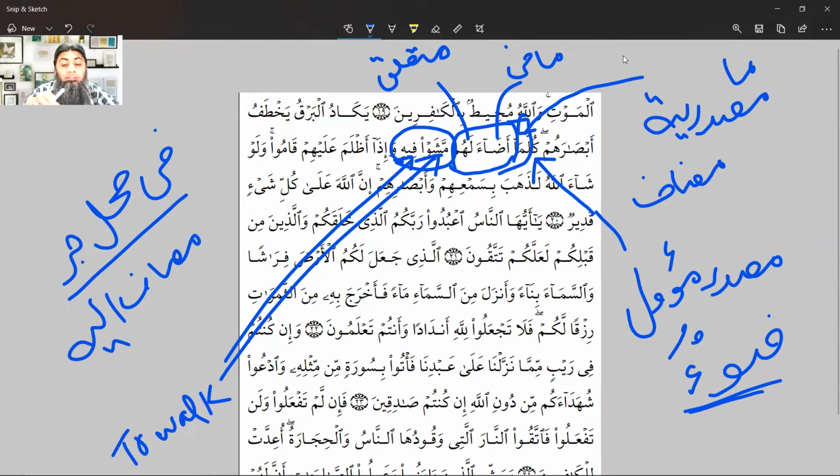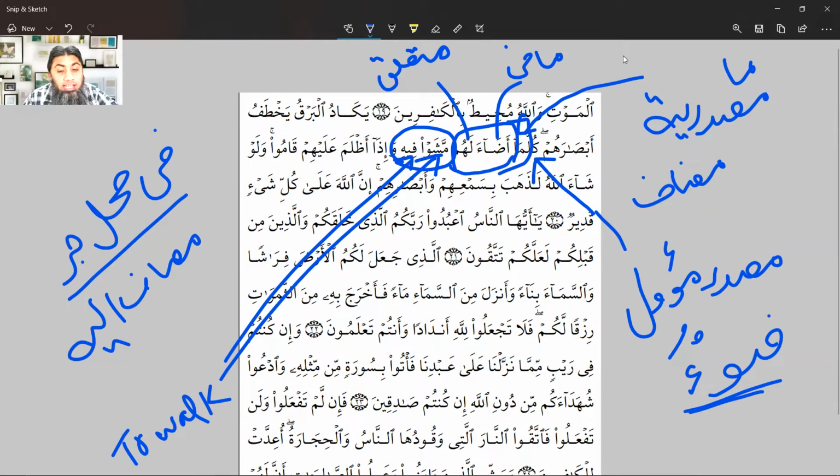And secondly, if you notice this, kullama ada'a lahum, every time it is lightened for them, mashaw fihi, then they walk in it. It means in this light. Okay, so basically when there is lightning in the sky and they can see the path, they walk. And then it comes after that, wa idha azlama alayhim, and when it is darkened upon them, qamu, then they stand. Now notice one thing.